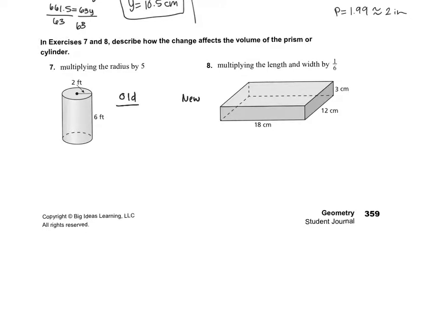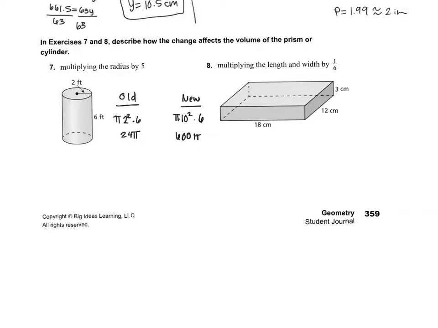For my old volume, it will be pi times 2 squared, so it'll be my base, which is pi r squared, and then times my height, which is 6. This will end up with 24 pi. If I multiply the radius by 5, then my new radius becomes 10. So it would be pi times 10 squared times 6. This would be 600 pi.